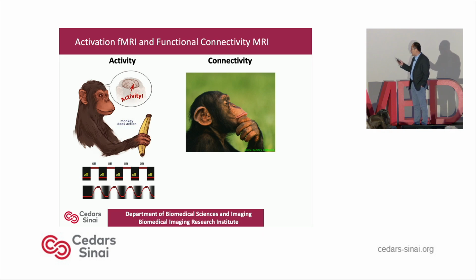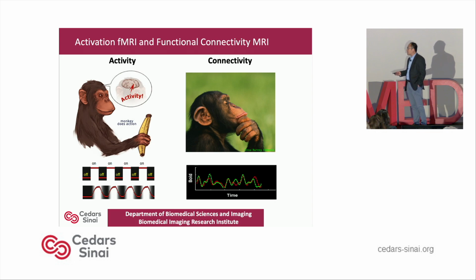Instead of looking at this time-locked activation, we look at how synchronized the functional activity of different brain regions is. If you look at the green and red curves, these two signals from two different parts of the brain are highly synchronized. By the principle of neurons that fire together, wire together, it is highly likely that these two regions are working together towards a specific brain function.